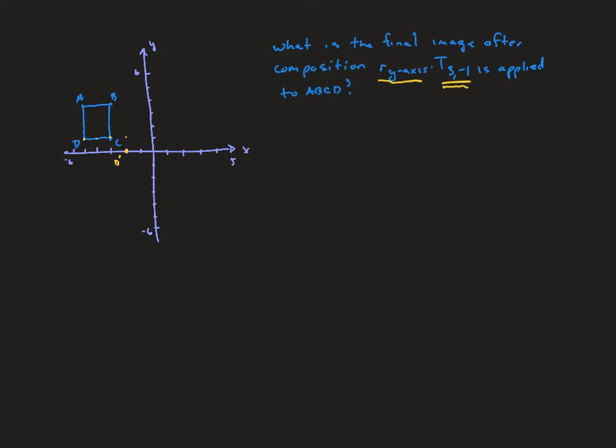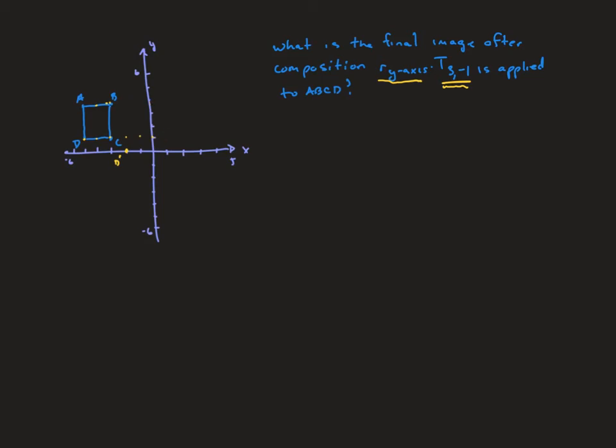And so if I do that translation, it looks like 1, 2, 3, we're looking for A prime. And then, of course, it's going to be 1, 2 to get to B prime, C prime, oops, sorry, I'm just going straight across.